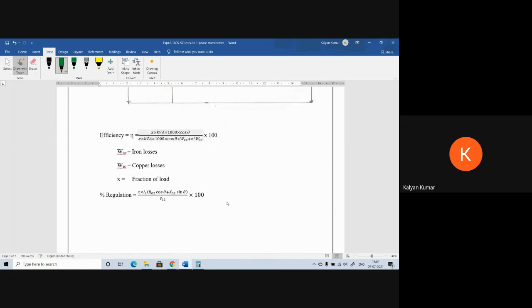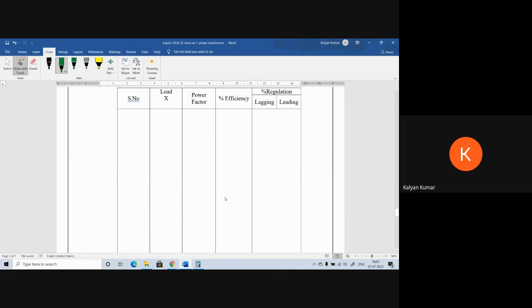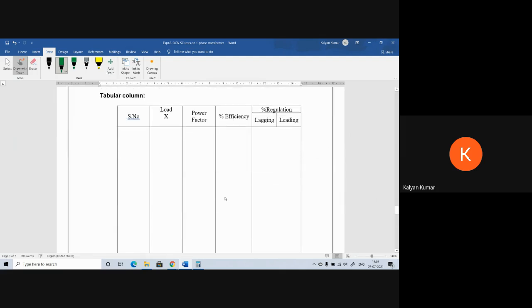Now we need to find out the efficiency and regulation at various operating conditions. For that, we are going to consider different load conditions. That is fractional load: 1/4 full load at different power factors: unity, 0.8, 0.6, 0.4.